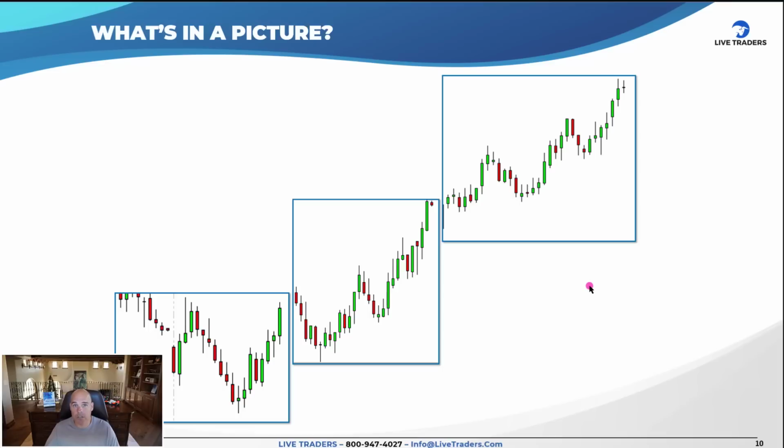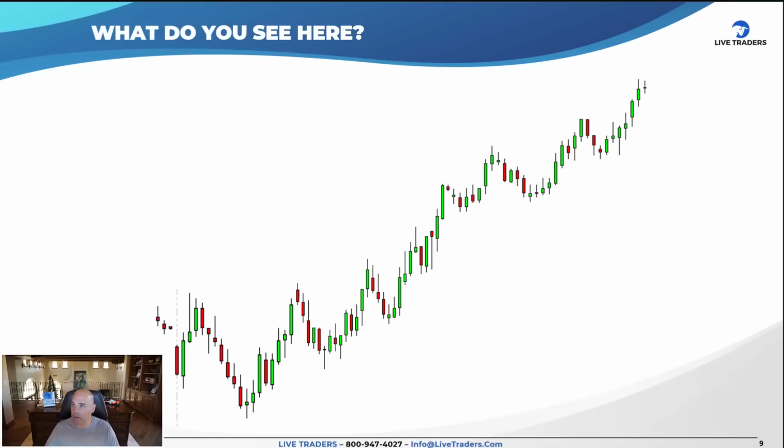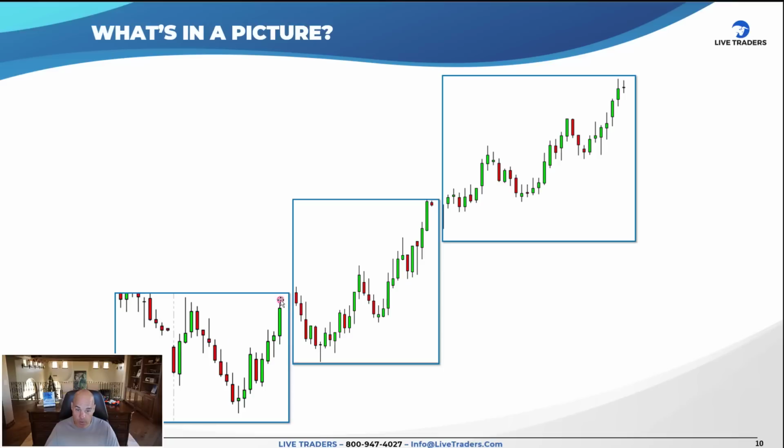They're 3 different charts. You just looked at 3 different charts that I sewed together. Okay? There's a method to the madness. I just sewed these 3 charts together. Literally. These are 3 completely different time frames of the same stock.